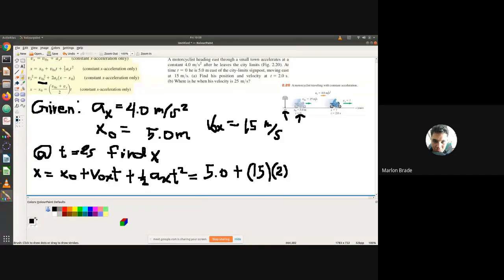So, 1 half ax is 4, divide 2 is 2. So, this is plus 2 times 4. Right? Kay 2 square is 4 man. So, this is equal to, so let's calculate. Magpa-calculator.